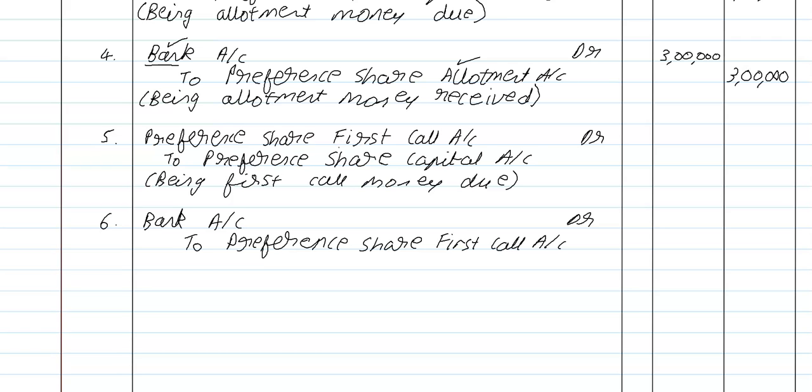So the same logic applies. We used level to capital and then bank to level, being first call money received.